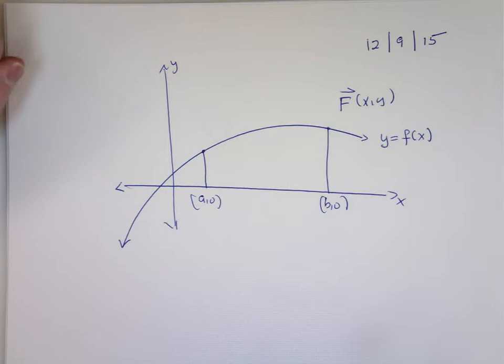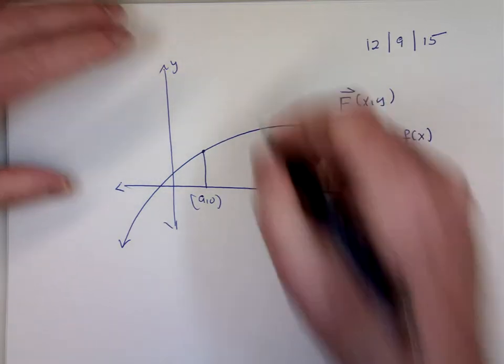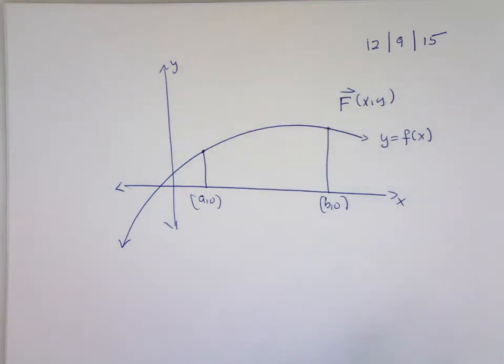So the thing to do is do what we've done in Calc 1, 2, and 3 all along. Let's take a little piece of this and find the work over that little interval. Take the sum of all the pieces of work throughout that interval. Let the number of pieces go to infinity, get a Riemann sum, and evaluate that with an integral. That's the process.